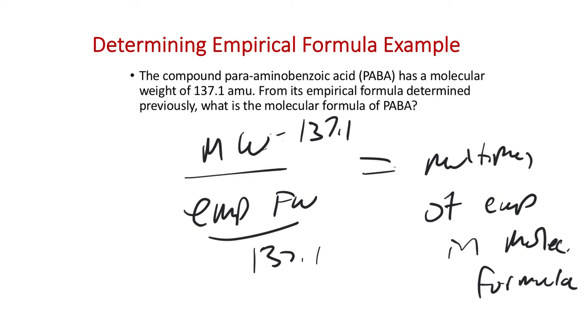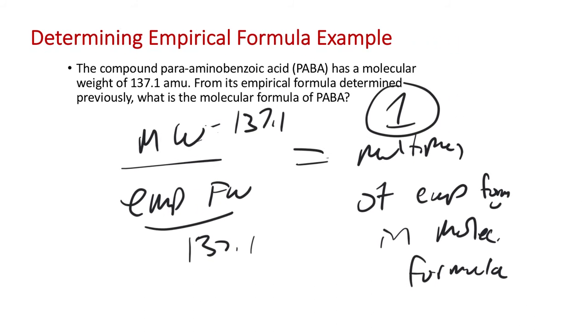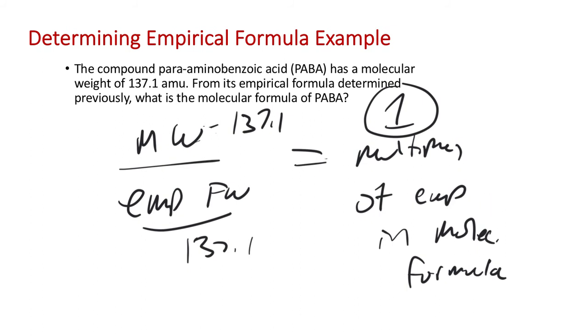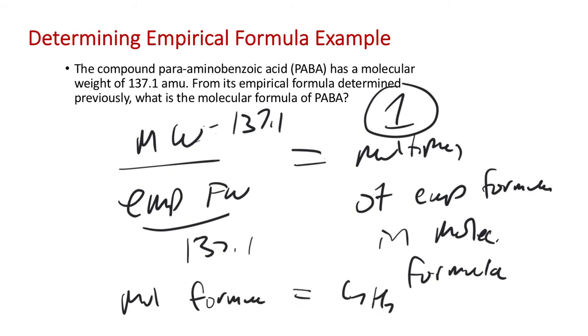In this case, we're going to have one unit of the empirical formula in the molecular formula. So the molecular formula would just be C7H7NO2. But we never would know this is the molecular formula without knowing the molecular weight.